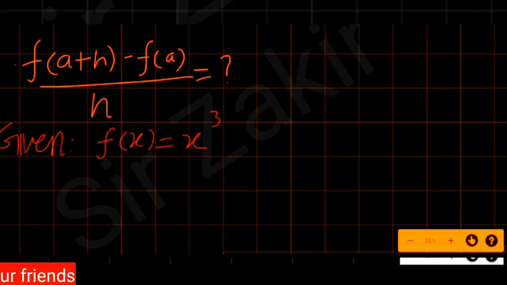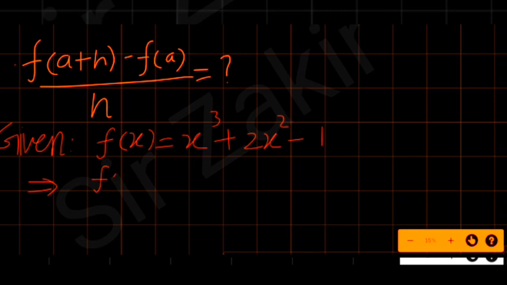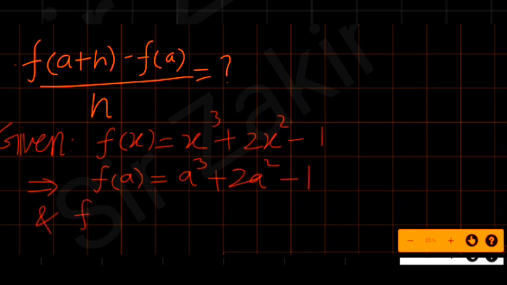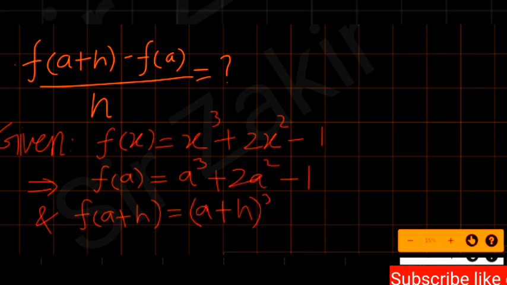F of x is equal to x cube plus 2x square minus 1. We convert it into f of a first. We replace everywhere x by a: a cube plus 2a square minus 1. Now we replace x by a plus h. The other thing it implies is f of a plus h is x replaced in the function by a plus h.